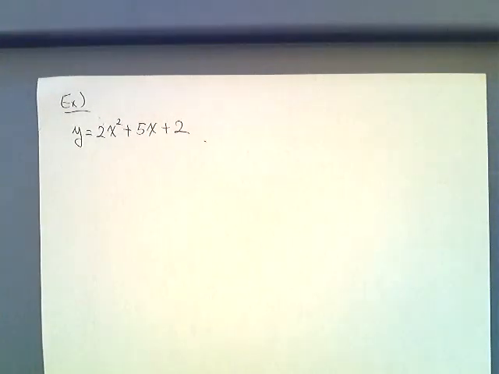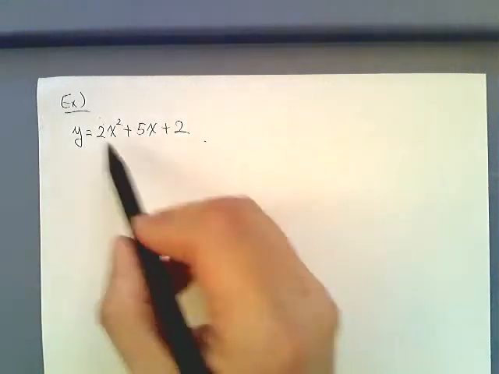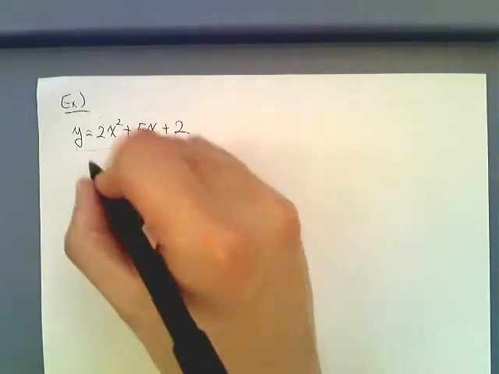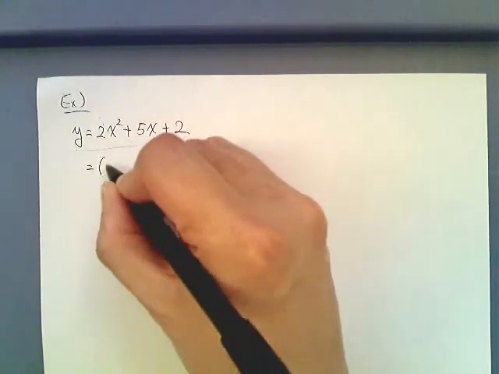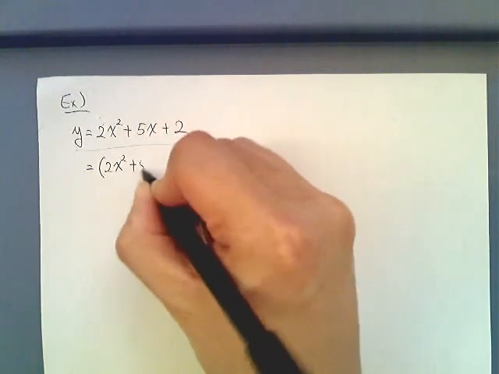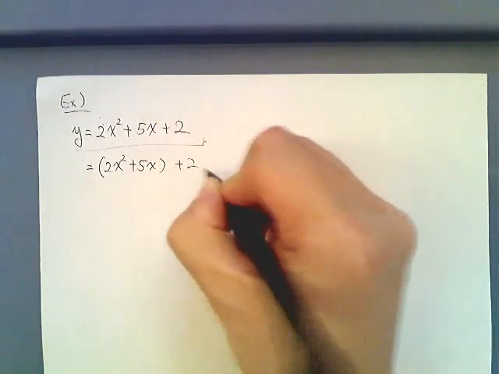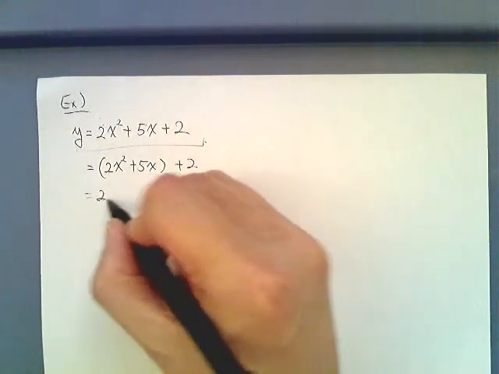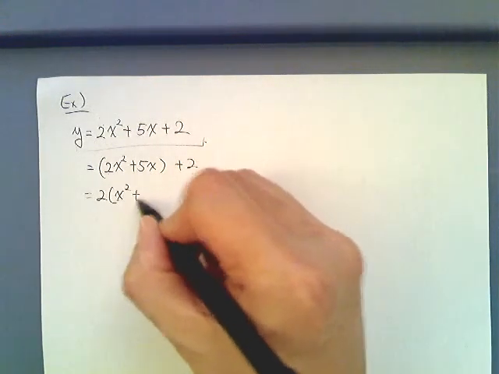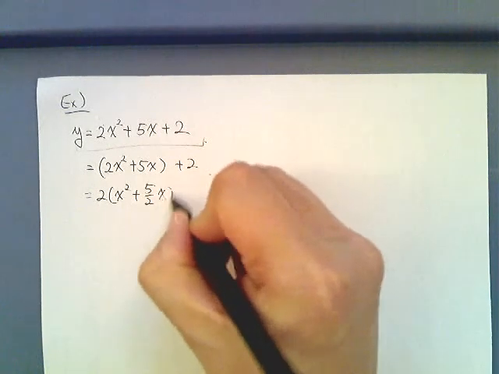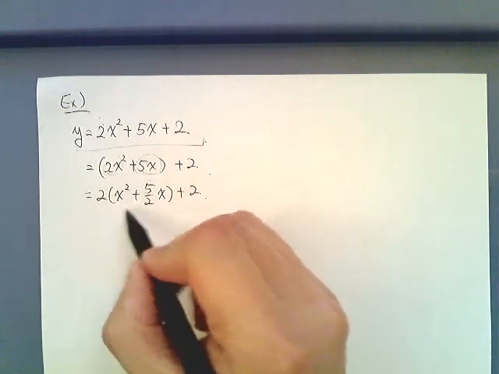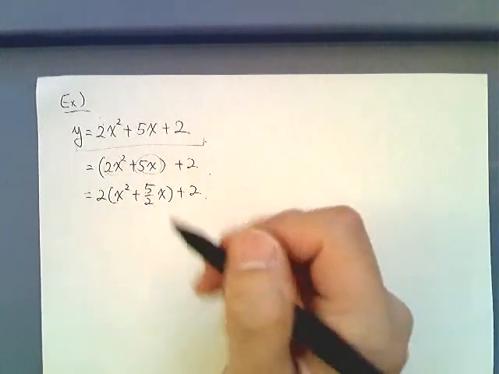We are trying to complete the square so that this standard form becomes a vertex form. So the first step is to put the brackets around the first two. Always start from that point. Then take 2 out, so it becomes 2 times x squared plus 5 over 2 x, plus 2, right? Because we are dividing everything by 2, so we have 5 over 2.